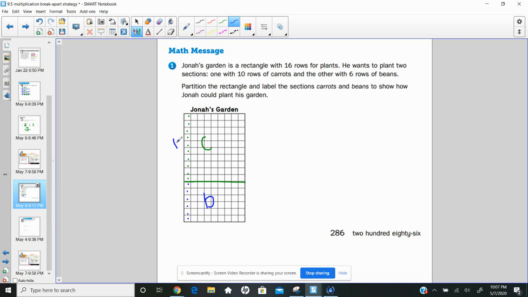This would be 10. This would be 6. And how many are in each? 1, 2, 3, 4, 5, 6, 7, 8, 9. Is that right? Yes, sir. So there would be 9 times 10, and then 9 times 6, and that would tell you how many total plants he has.